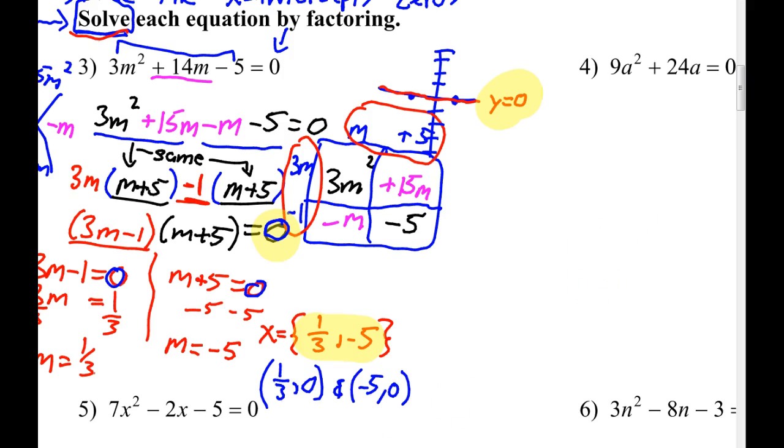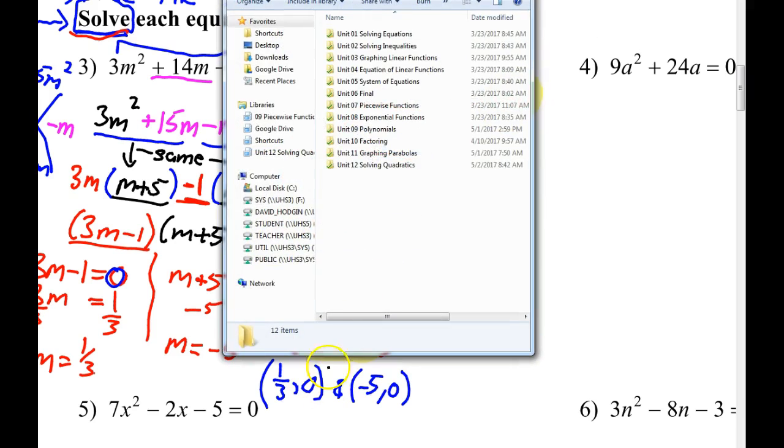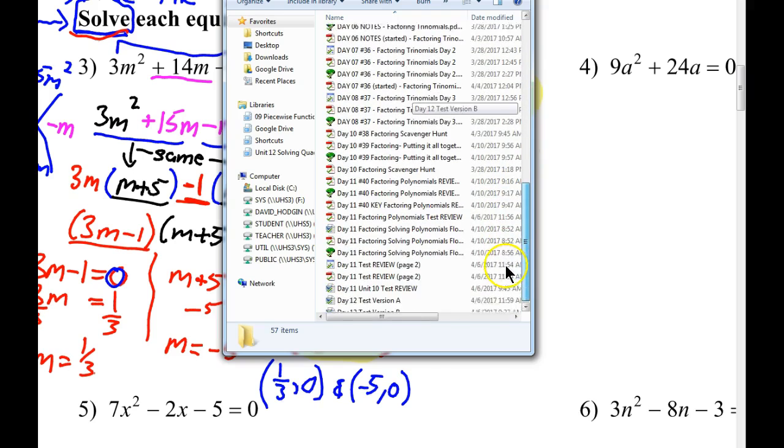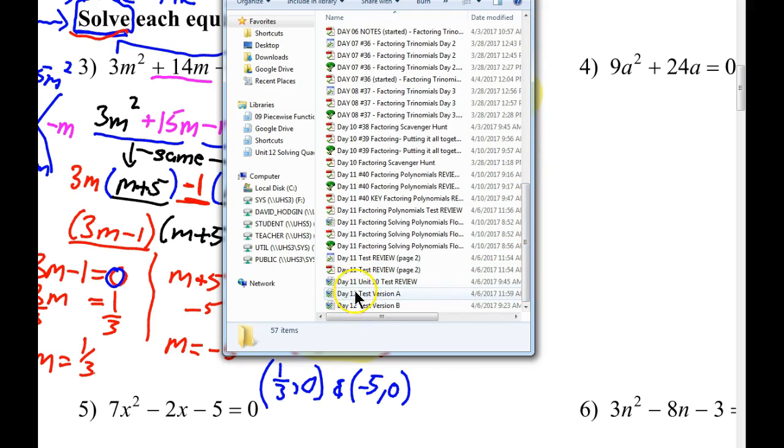So this is where that test that you guys took really comes in handy. If you recall, let's bring this up. I see some people pulling it out.